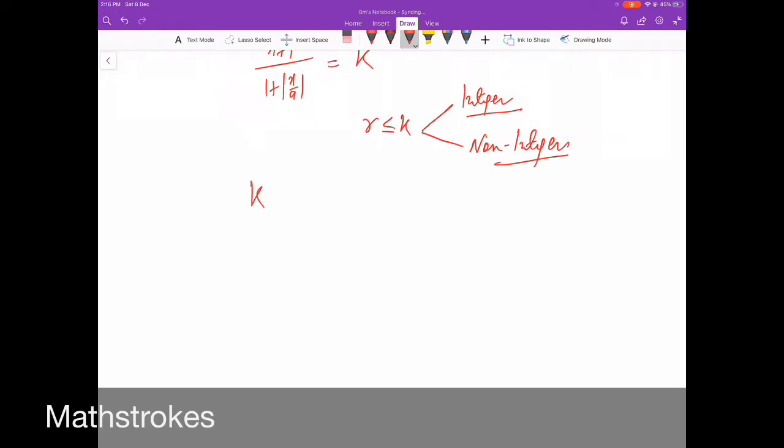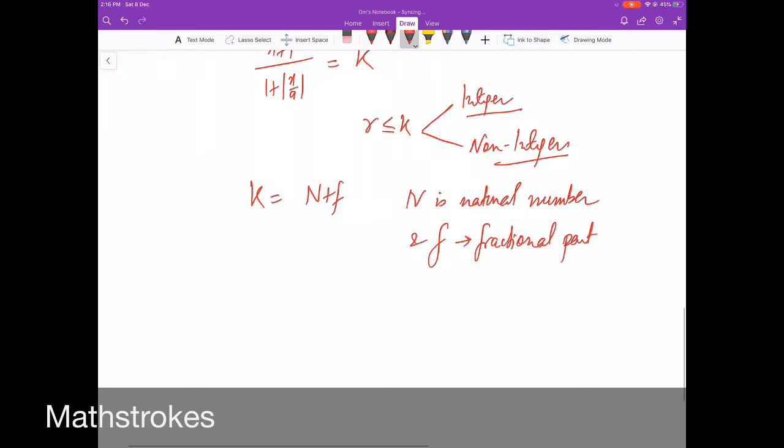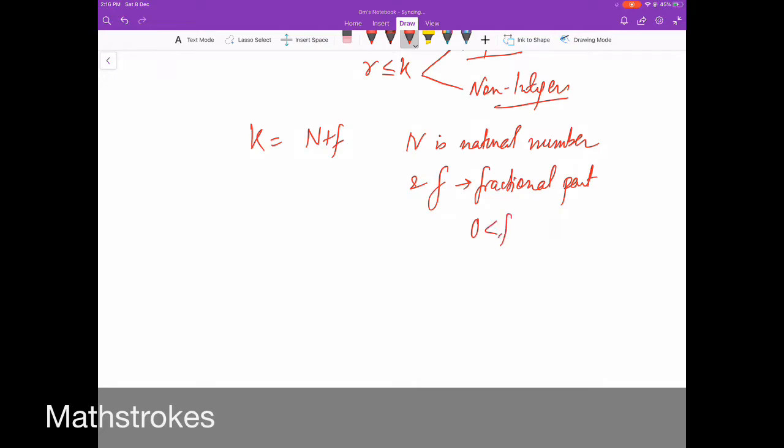So I can express k as m plus f, where m is a natural number and f is the fractional part. This is the fractional part and it lies between 0 and 1. Now two cases arise.